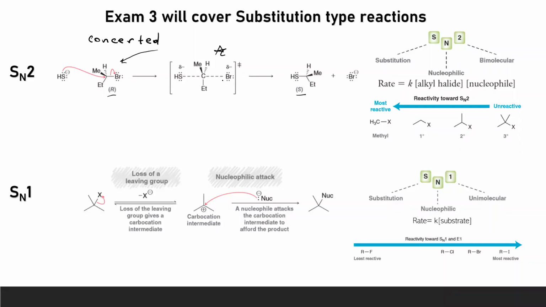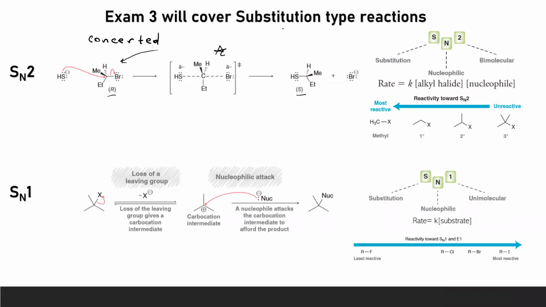When you have substrates that are very bulky, like a tertiary substrate, formation of this transition state is just not going to occur as readily. And so that's why SN2 reactions are typically not going to be as reactive when you're using a tertiary substrate.